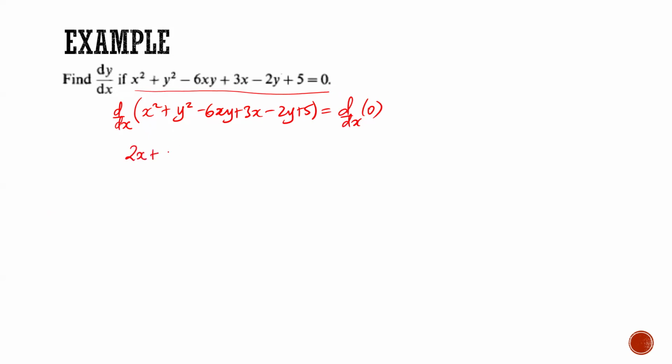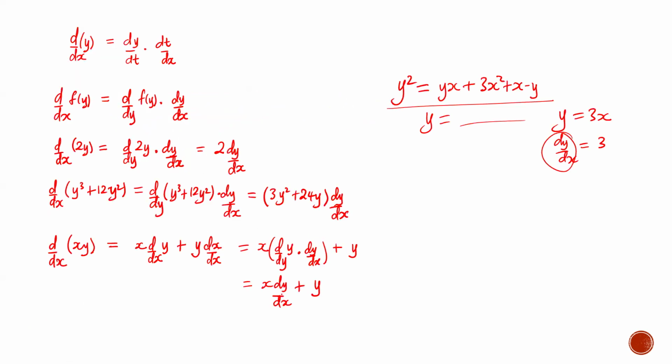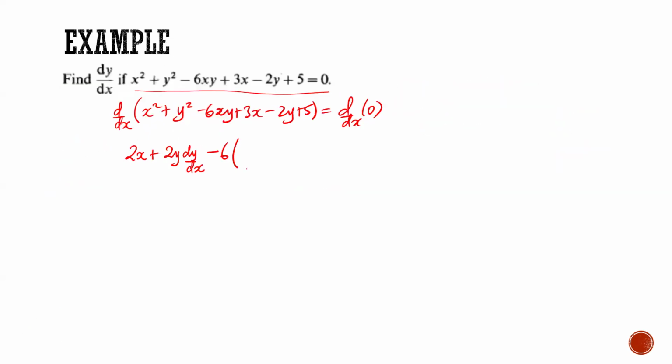When you differentiate y squared, you get 2y dy/dx from what we've just seen. When you differentiate 6xy, this is a product, and we saw that when you differentiate xy with respect to x, you get x dy/dx plus y. So I'm just going to write that there. When you differentiate 3x with respect to x, you get 3. For 2y with respect to x, you get 2 dy/dx, and for 5, you get 0, and you have a 0 on the right-hand side as well.